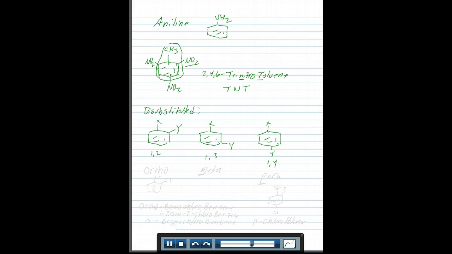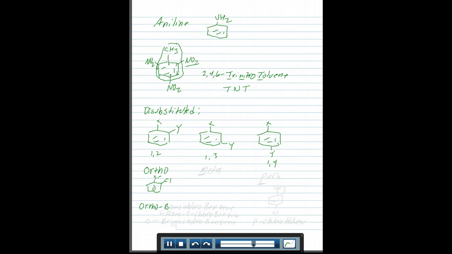Now there is an old nomenclature of how to name these. If your groups are 1,2 substitution, this is called the ortho compound. So if you had, let's say, a bromine and a chlorine, you name it alphabetically, just like how we've learned. However, you put ortho in front of the name.